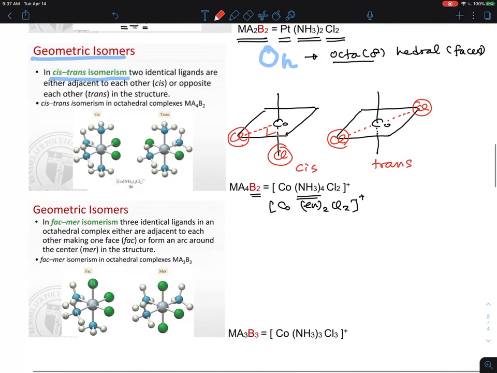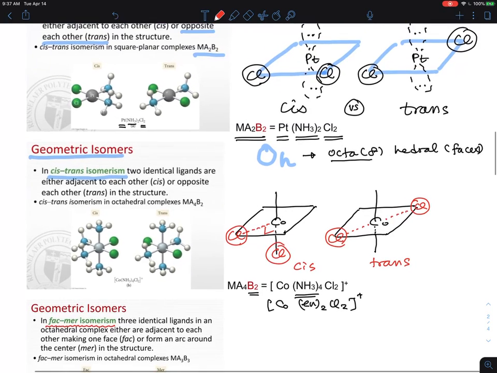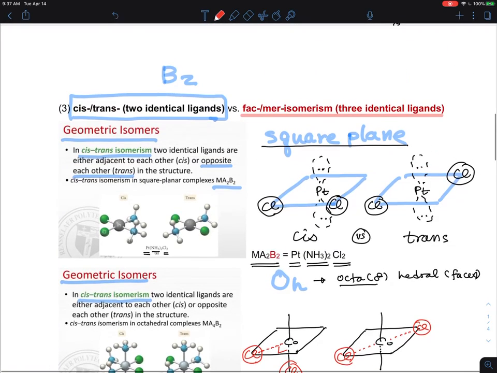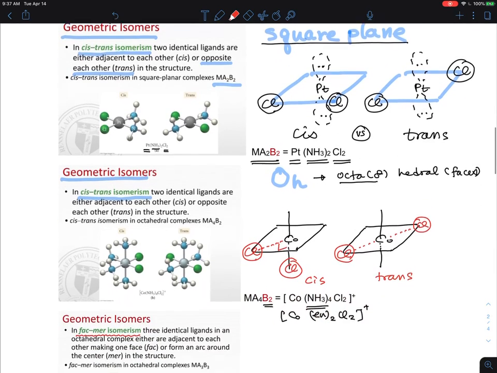And then this is a little unique for octahedral ones, what they call the FAC and MER isomerism. This is the one that I need to go up there for. This is about when you have 3 coordination complexes, and how they form the complexes with each other.